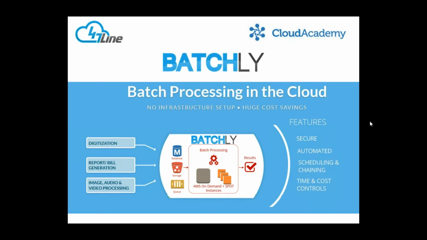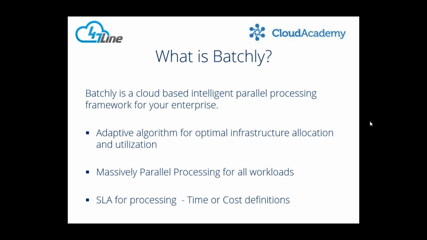So we have tried to take all the good things out of AWS and create a platform that makes it easier for anyone to process a large number of files and a large amount of data. That is exactly what Batchly is. Batchly is a cloud-based parallel processing system. It is essentially a container to which you can put in your code, and it adapts itself to the existing infrastructure available on AWS.